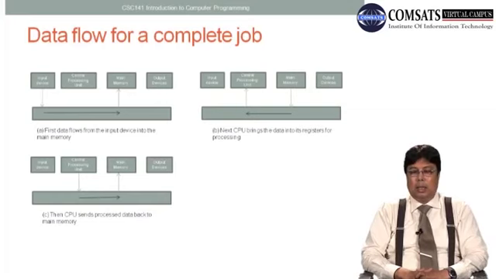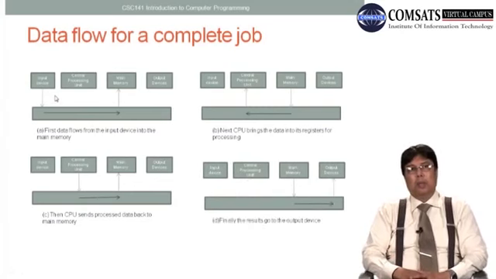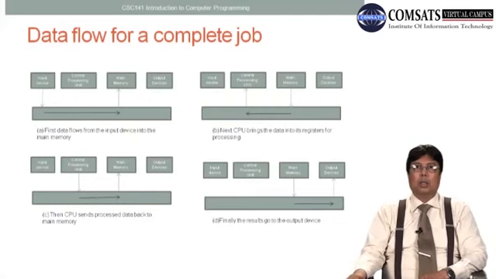Then step number 2, from the main memory of the computer, it is transferred into the central processing unit. Then the central processing unit executes the instructions and writes it back into the main memory. And finally, from the main memory of the computer, the data is transferred into the output devices.